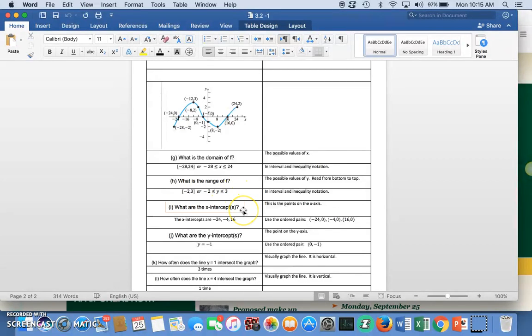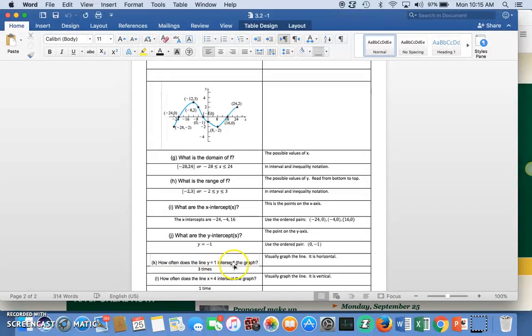Your x-intercepts are the same thing as where the function equals 0. Your x-intercepts are negative 24, negative 4, and 16, those 3 points that fall on the x-axis. Your y-intercept, of course, would be where it crosses the y-axis. This is the point right here. Your y-intercept: x is 0 and y is negative 1.